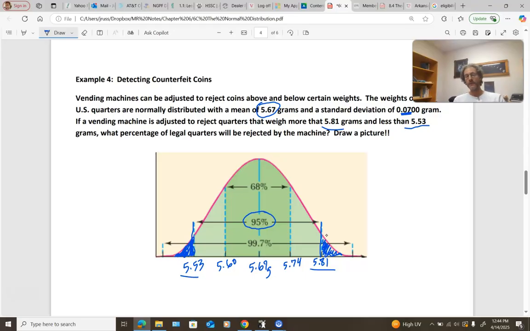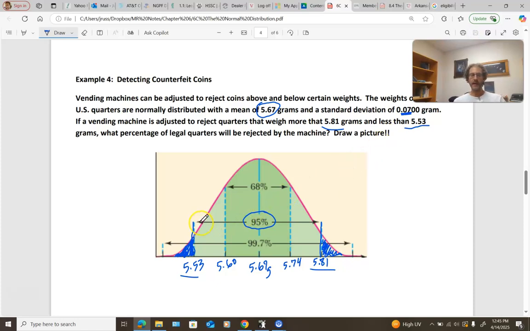Or in other words, 95% of the quarters that go into this vending machine are going to weigh anywhere from these two values. So what we're trying to figure out is what percentage of the coins are going to fall either below or above those two values. Well, under this entire curve, there's 100% of the data.